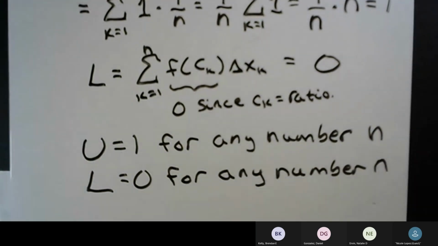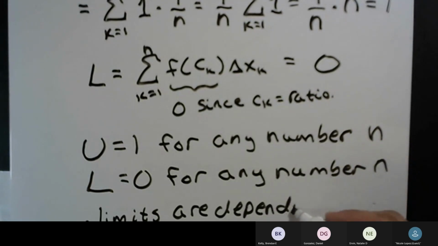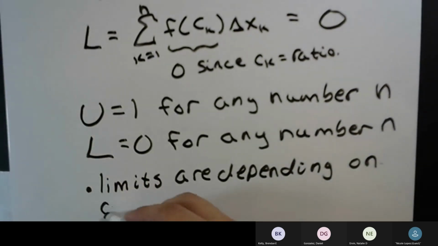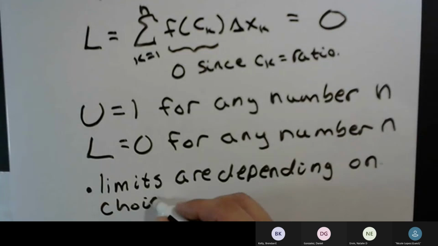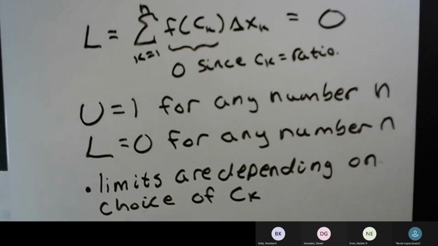So what this is ultimately saying is that the limits are depending on the choice of ck.